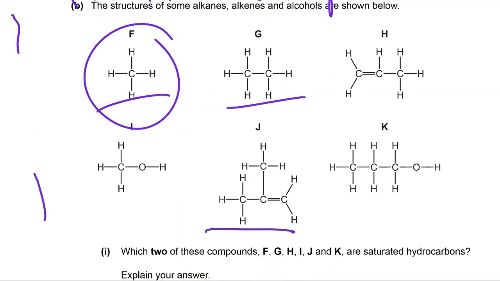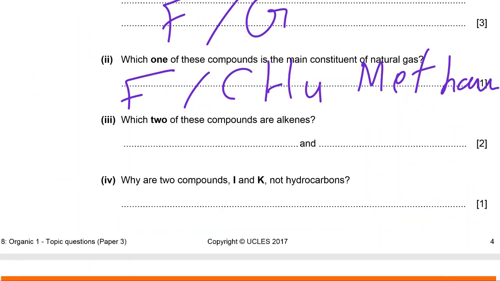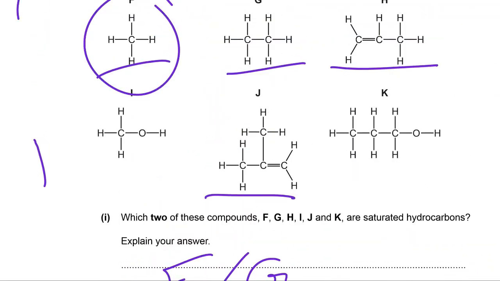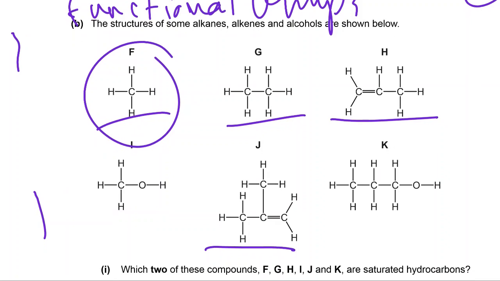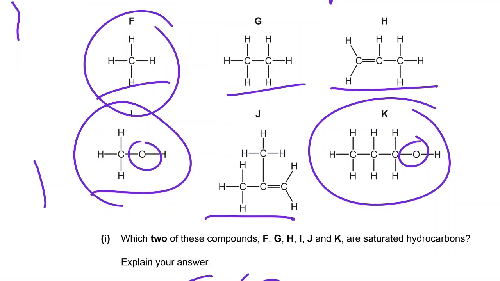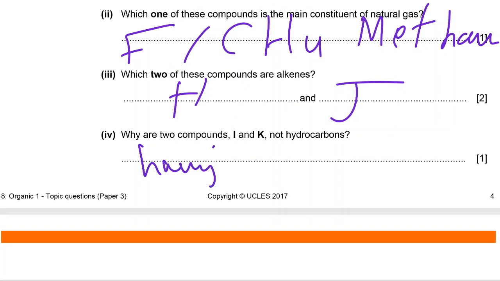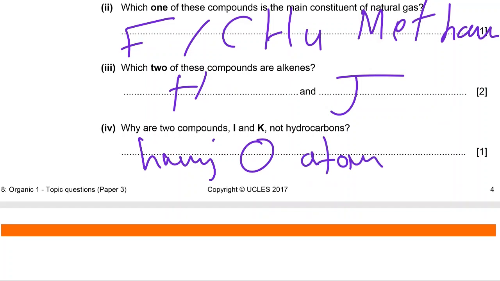So here this is a double bond, and this one is a double bond: H and J. Why are compounds I and K not hydrocarbons? Because they have oxygen atoms.